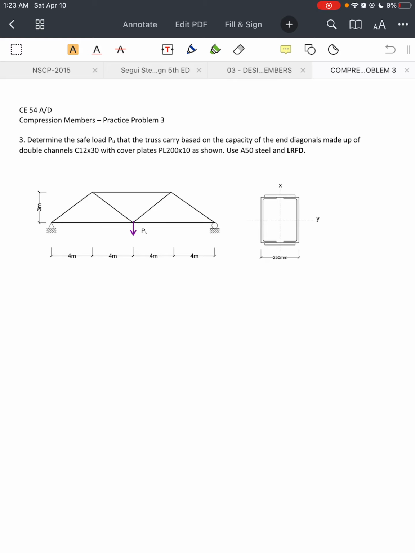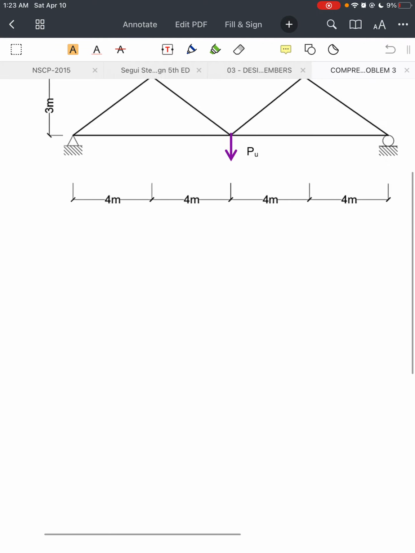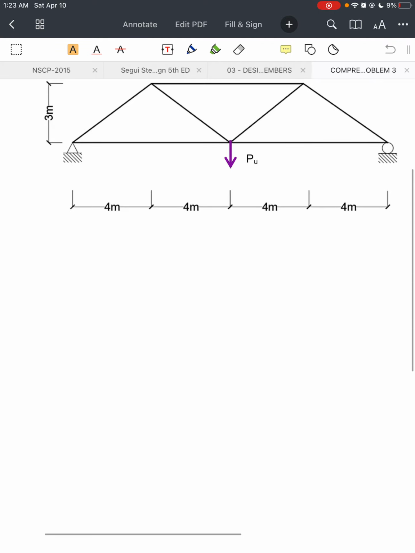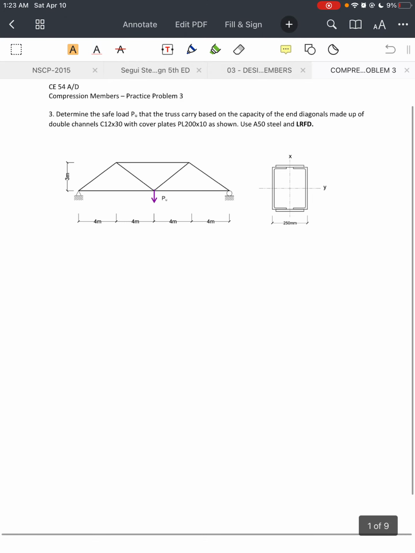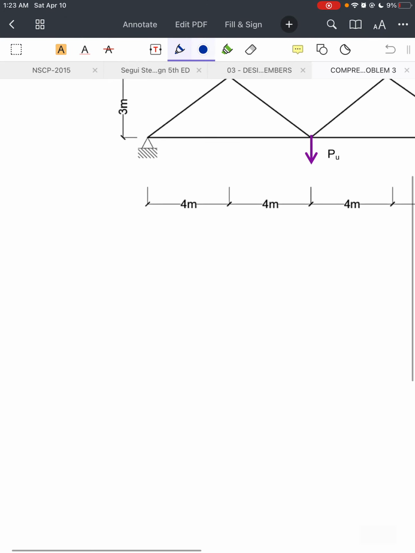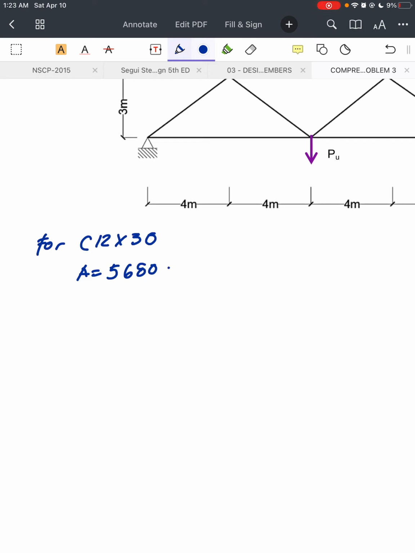So for our C12 by 30, you have your A equal to 5,680 square millimeter.